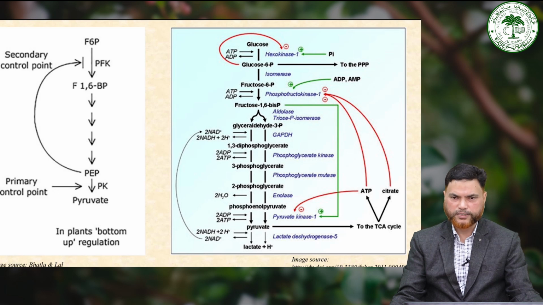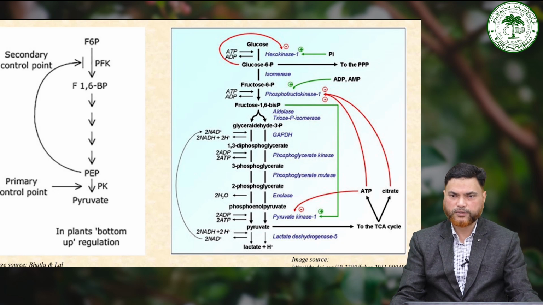When citrate levels are elevated, which is indicative of ample energy in the form of citric acid cycle intermediates, phosphofructokinase is inhibited, contributing to the downregulation of glycolysis. This is very clear in the pathway shown with red arrows. These allosteric regulations highlight the intricate control mechanisms that cells employ to fine-tune their metabolic activities based on the availability of energy resources. Then another enzyme you see in the pathway is pyruvate kinase.